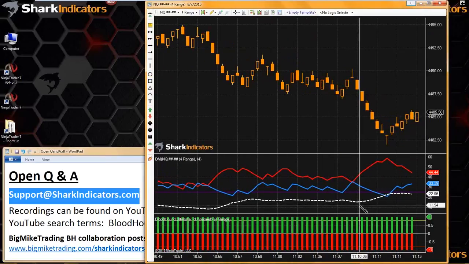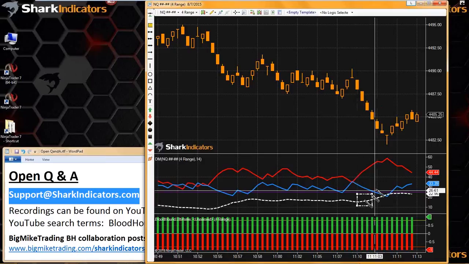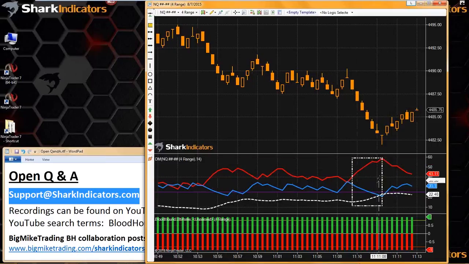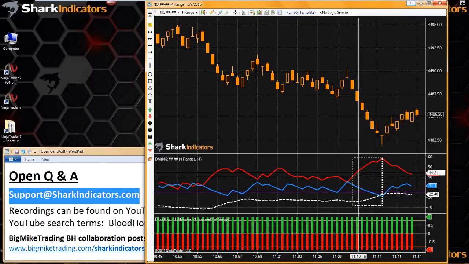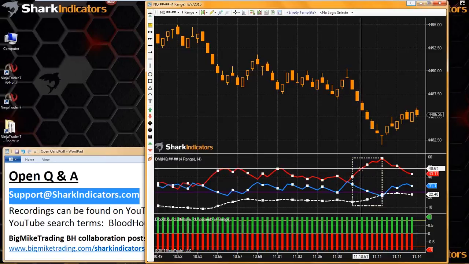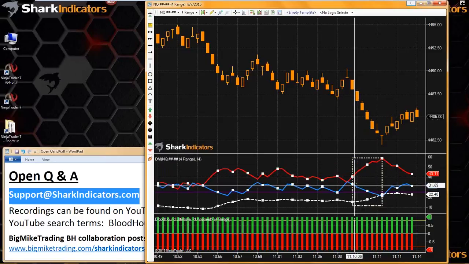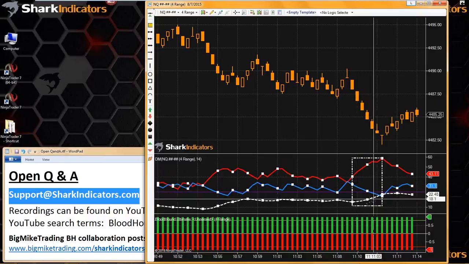Alright, so here's an indication from the DM indicator that we're really in a good trend here. So we have the DI minus sloping up and the DI plus sloping down, and the ADX is sloping up.